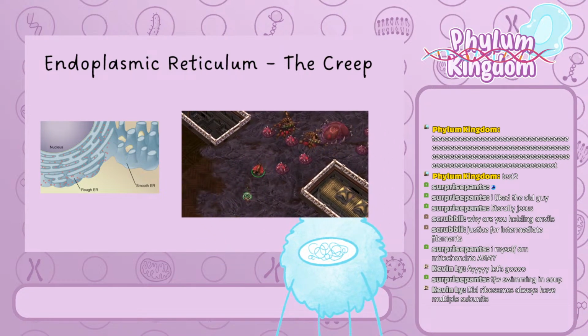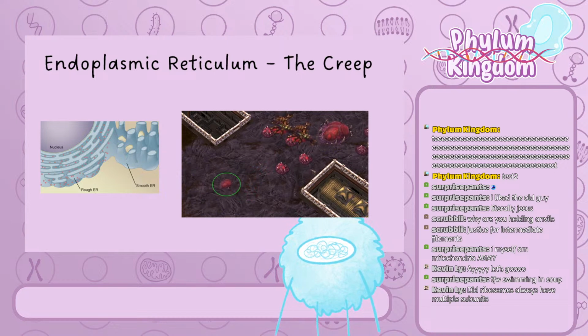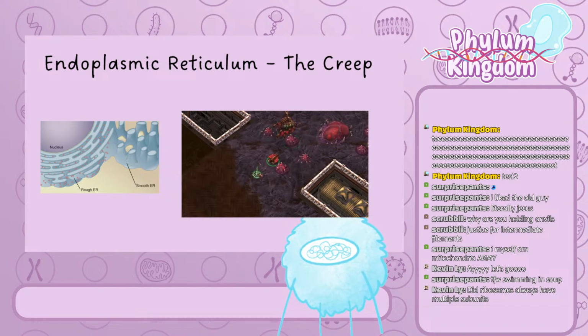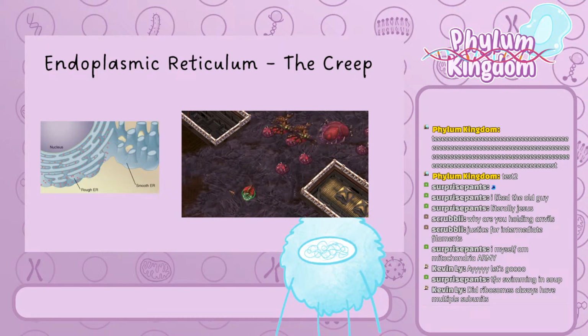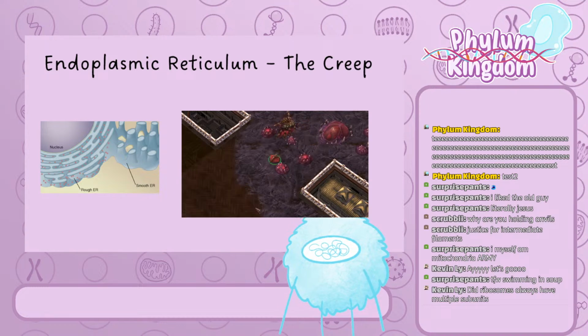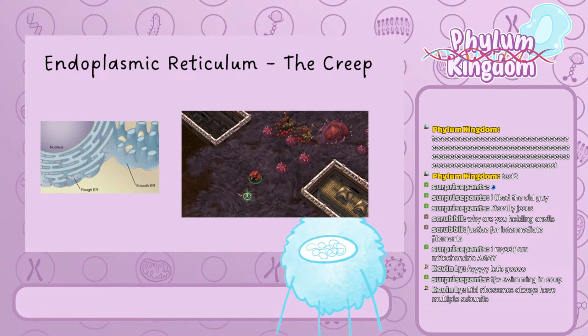If you've ever played StarCraft, you may know a thing or two about the Zerg race. If you don't, I did a little bit of a video as a YouTube short talking about the Zerg. But basically, the Zerg as a race can only build their buildings and structures on top of what's known as creep, which is this like biological film that expands from these things called creep tumors.